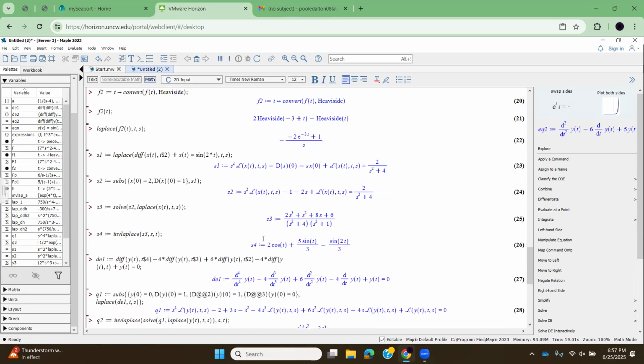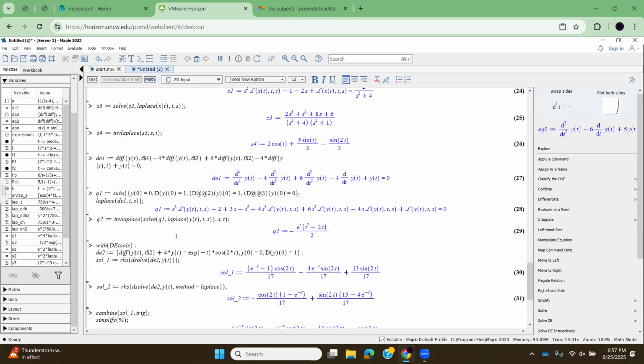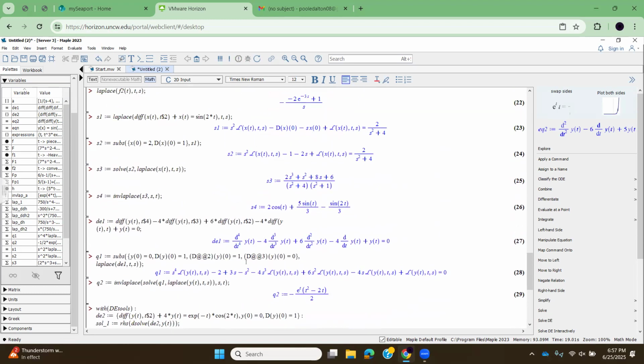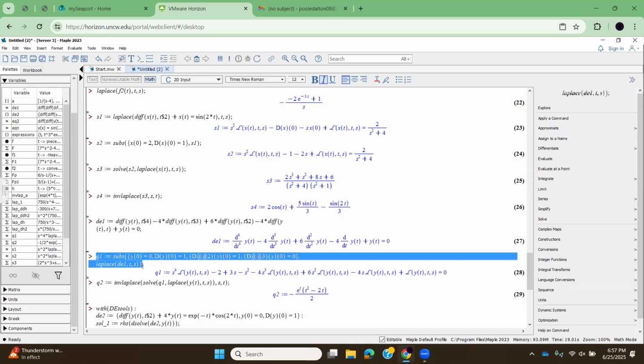And now the way we're going to solve it is like how we did here. We're going to substitute these different initial conditions and do the Laplace all in one step.